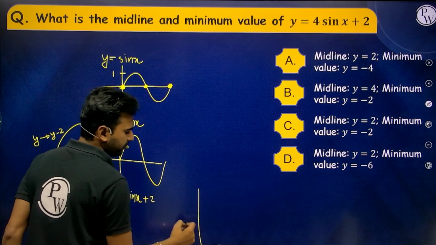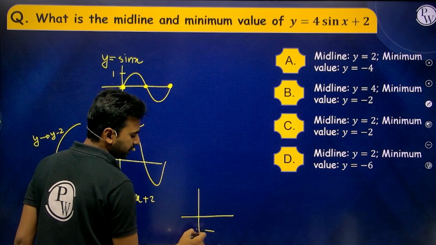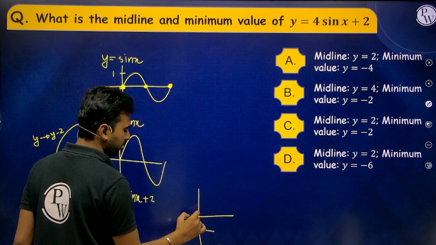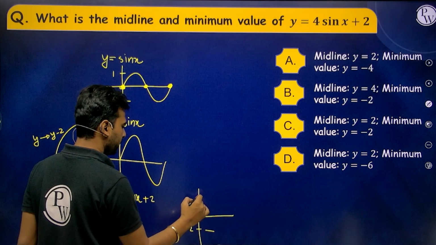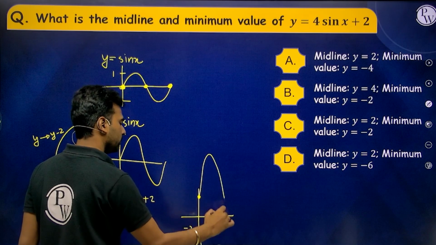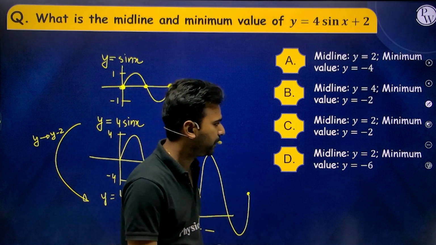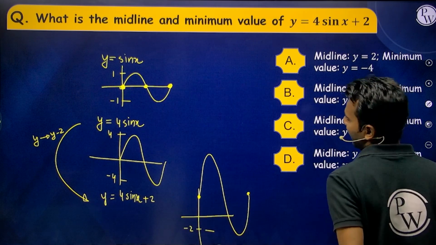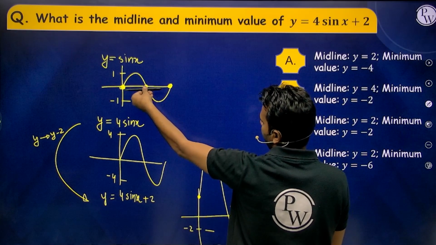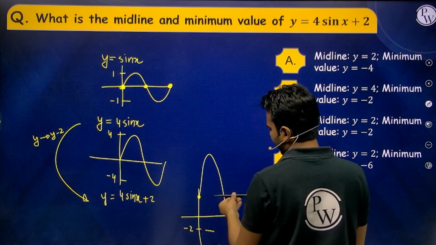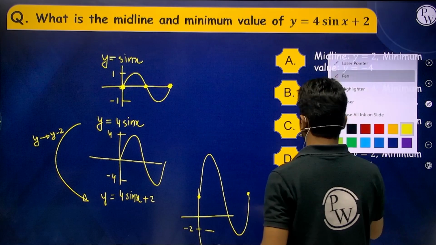If you take this graph up by 2 units, the minimum value will be minus 2, and from here 0, 2 the graph will be formed, and the graph will be found like this. Yes or no? I hope you guys are clear. The midline, which was earlier y equal to 0, will now become y equal to 2.